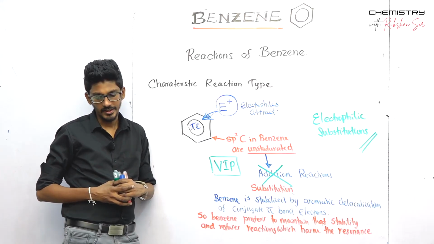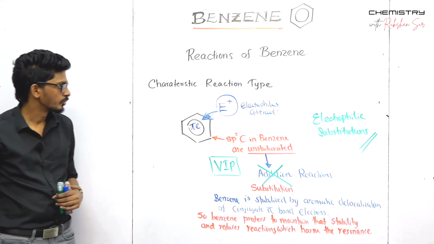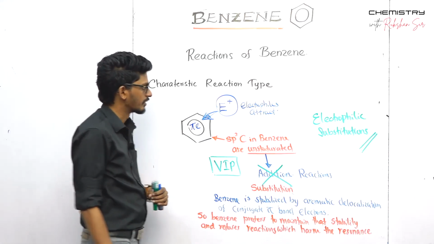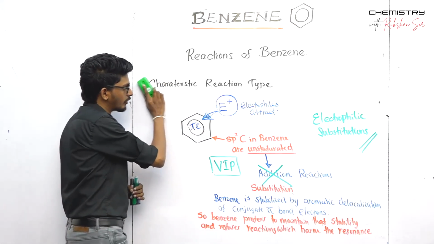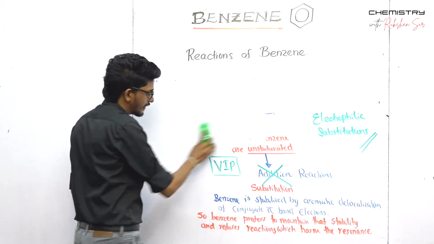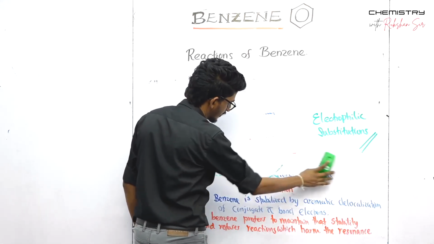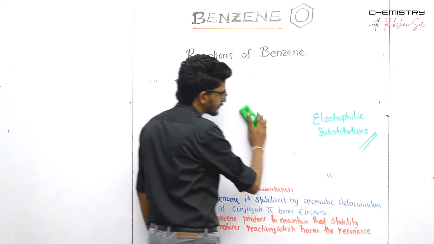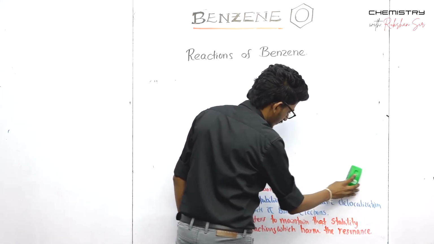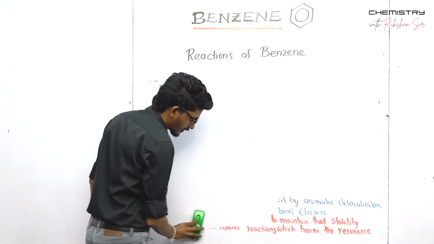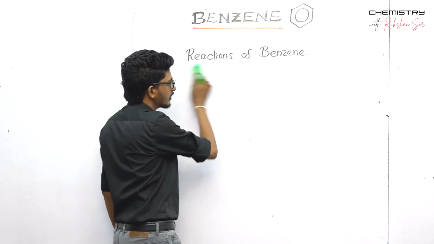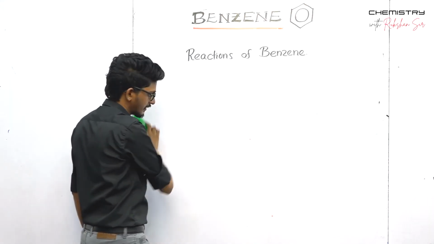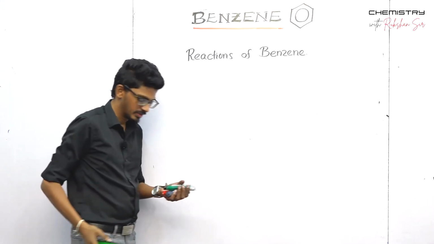Electrophilic substitutions are the characteristic reaction kind of benzene. Okay, let's move towards the reactions one by one. We had discussed the characteristic reaction type. Now let's move towards the 4 major reactions available with benzene.